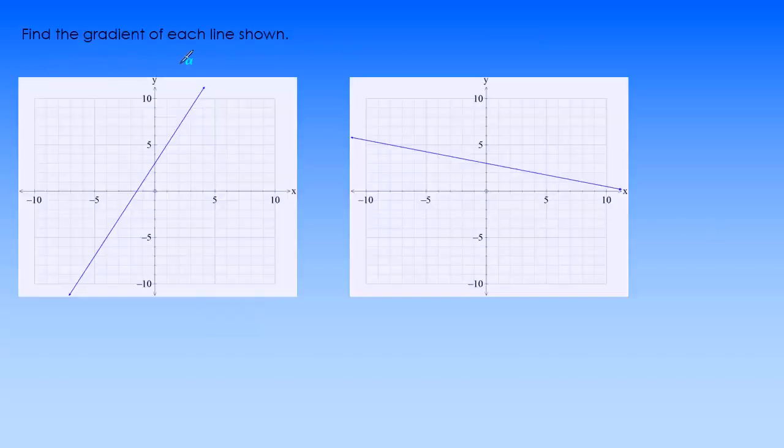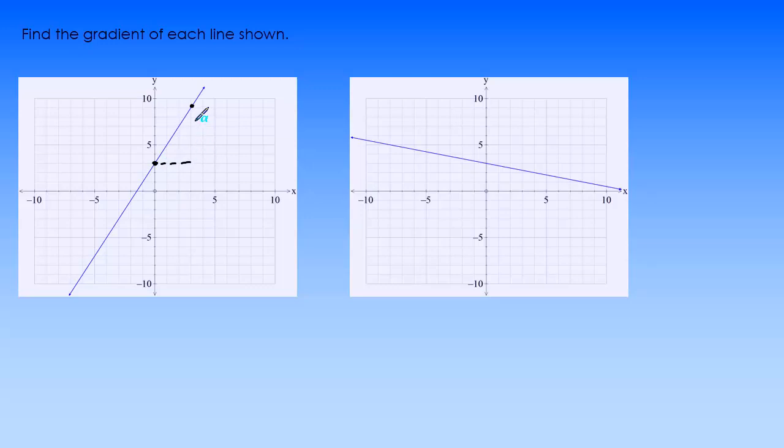We want to find the gradient of each line shown. Now, this is a grid point, so where it goes through the actual grid, or where two lines cross, and this appears to be another grid point just here. So we'll make use of these 2 points. I could call this one x1, y1, and this one x2, y2, and use the formula.